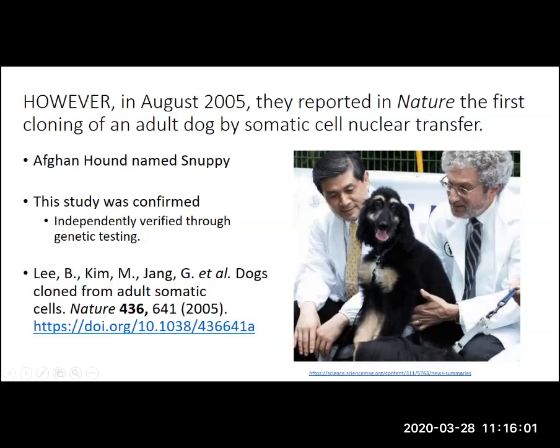With all of this going on, all the investigations for the 2004 and 2005 papers, it was independently verified, using genetic testing, that Snuppy was a true clone of the adult dog donor. And so this paper, even though all those other things were going on, appears to be accurate. They were able to clone an adult dog and create a new puppy called Snuppy.